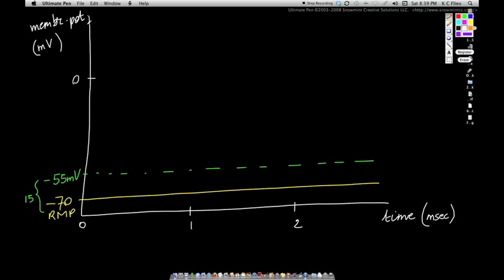I don't think the scaling that I've drawn here is very exact, but we're just trying to get a point across. Action potentials are usually going to peak at the point where there is a difference of 100 millivolts between the resting membrane potential and the peak of the action potential.